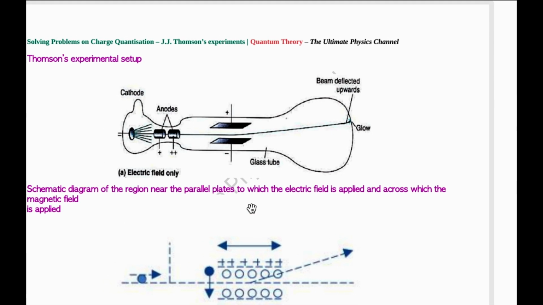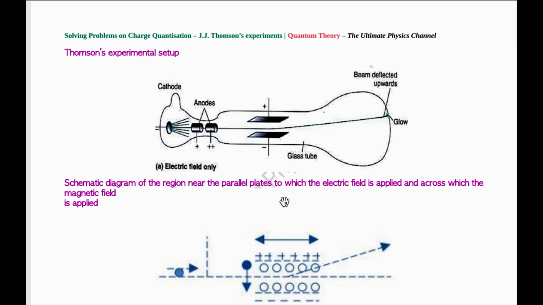Now the basic experimental setup of Thomson's experiment looks something like this, where we have an evacuated glass tube containing a cathode and a pair of anodes, and electrons are generated and released from the cathode.